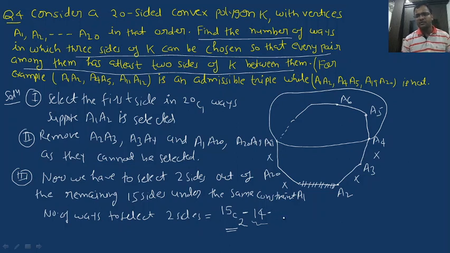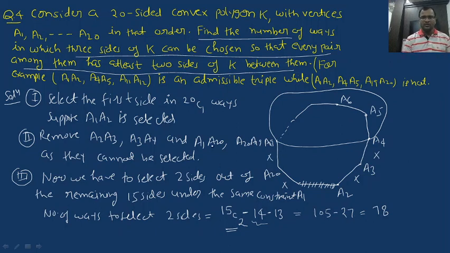Now we have to consider the case in which there is exactly one side of K between the two selected sides, and this number is clearly 13. Okay, and 15C2 comes out to be 105, and 14 plus 13 becomes 27, and 105 minus 27 becomes 78.